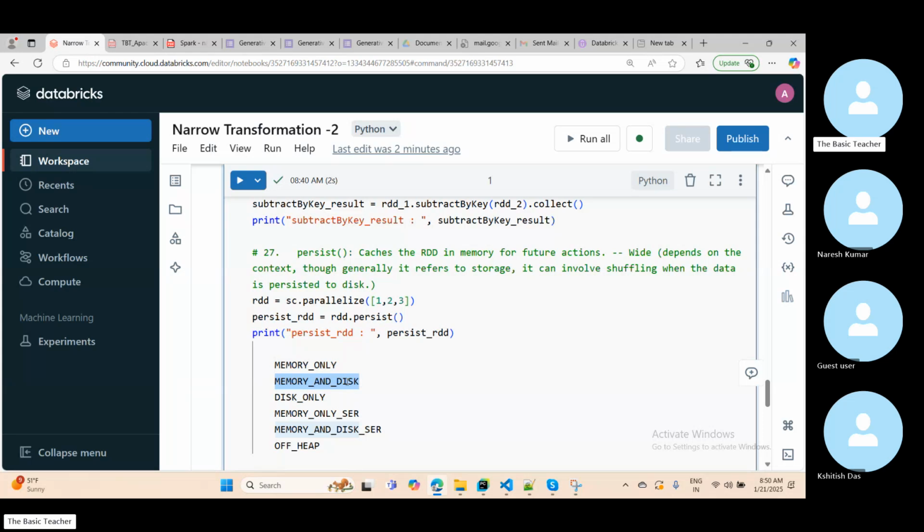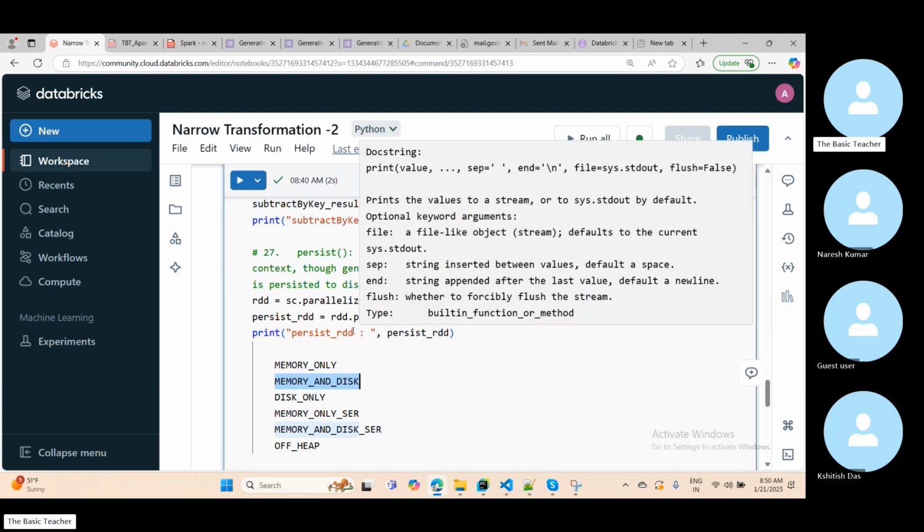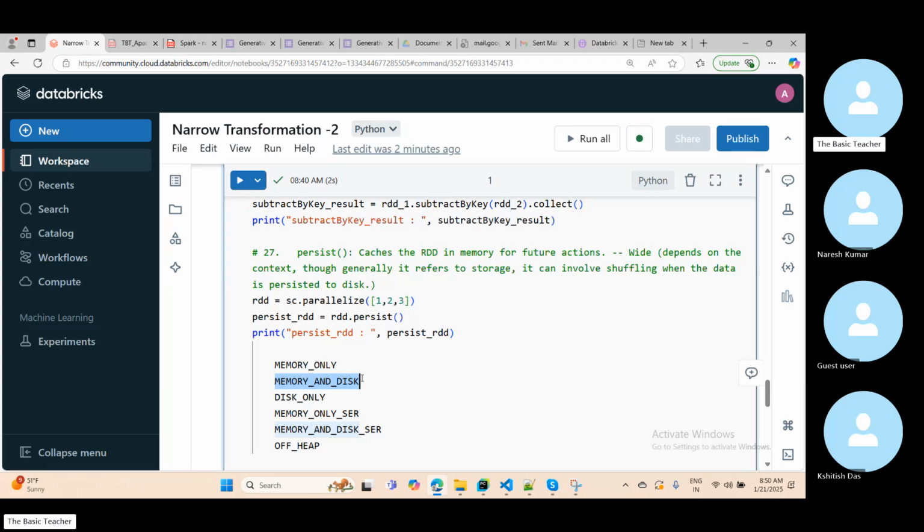So this provides you flexibility and more control over the storage level to manage huge amounts of data. And if you have a small amount of data that fits in memory, then you go with cache, because for cache the default storage is memory and disk. For persist, you have multiple options.